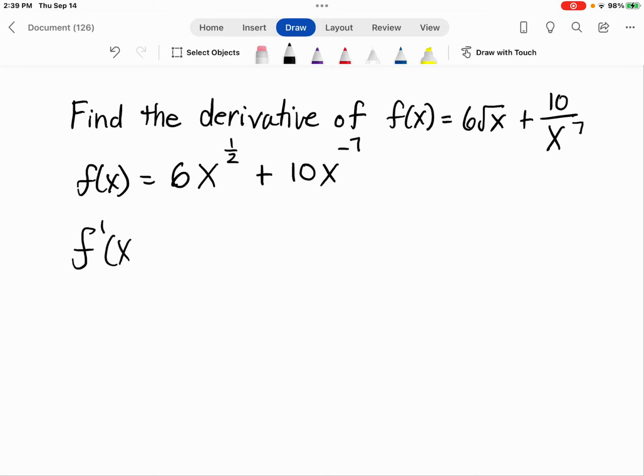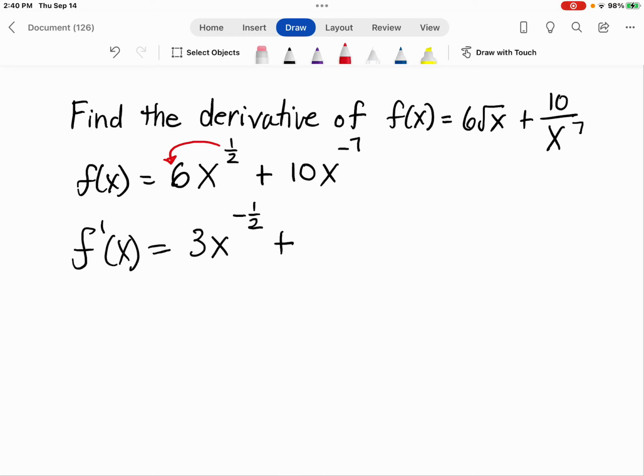So my derivative is going to be, I take the 1/2 and pull it down in front and multiply it by the 6. So I have 1/2 times 6, that gives me 3x. And then I have to subtract my exponent by 1, so that gives me a -1/2.